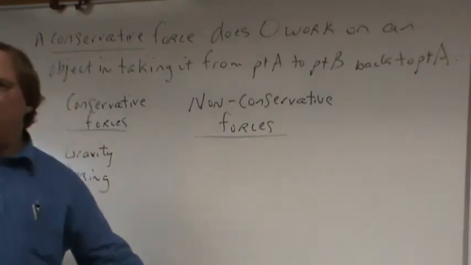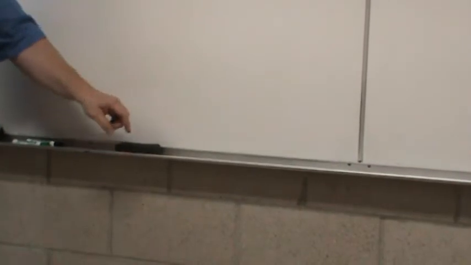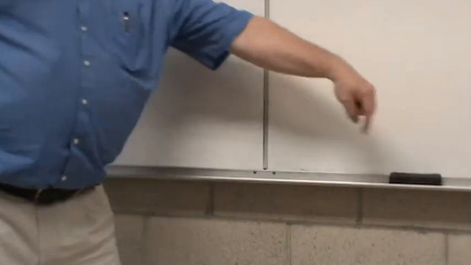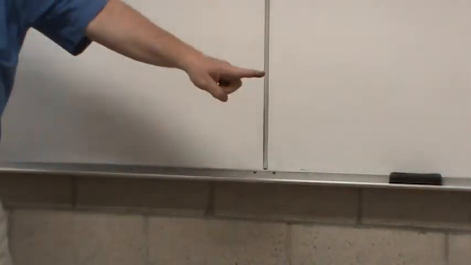This mass is going to move from point A to point B back to point A, and we're going to consider what kinetic friction is doing to this mass. As I go from point A to point B, what kind of work is kinetic friction doing? Positive or negative? Good, negative, because the friction is opposing its motion. Friction force is acting that way as the mass moves that way.